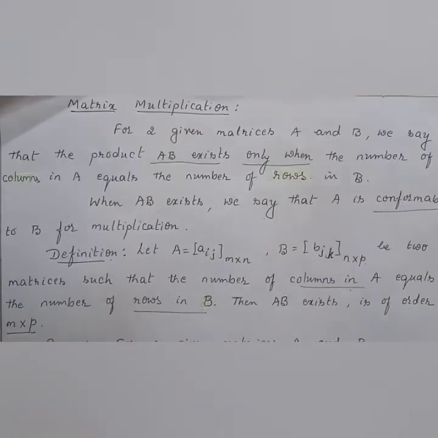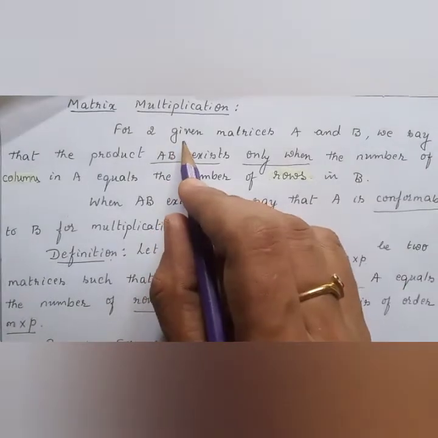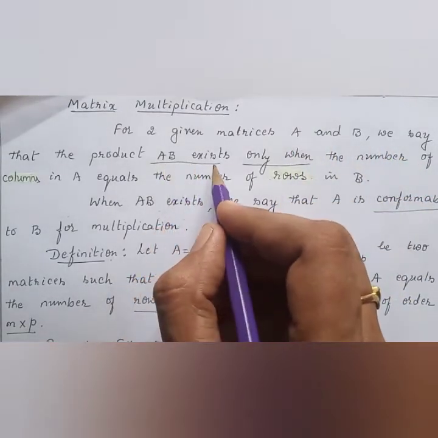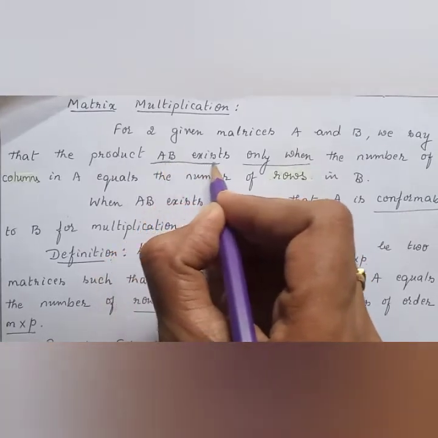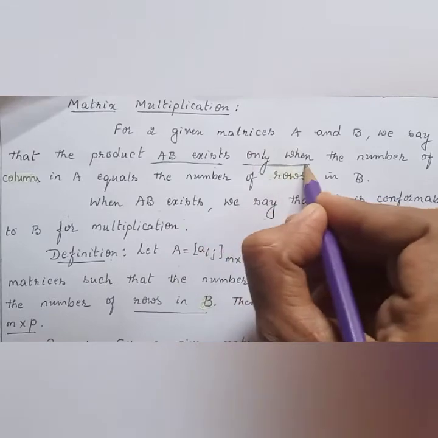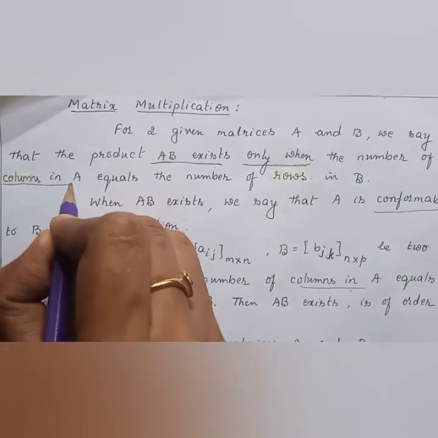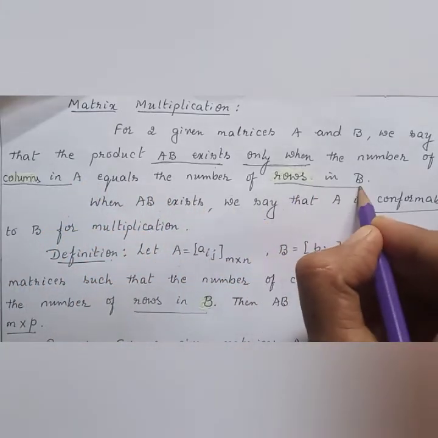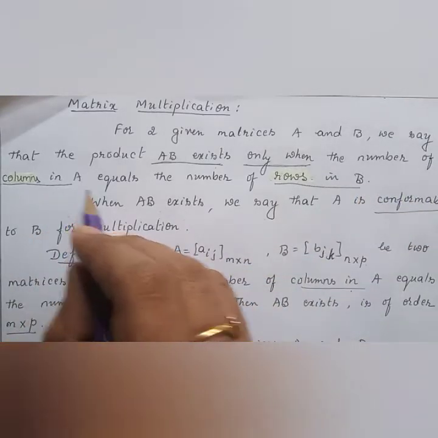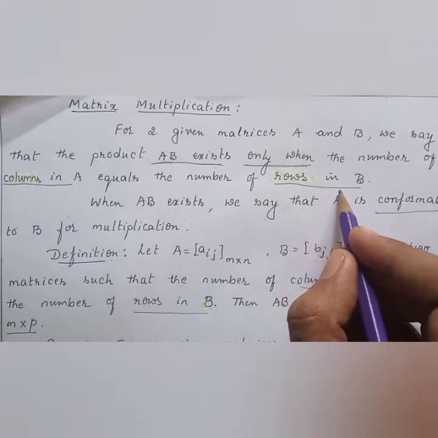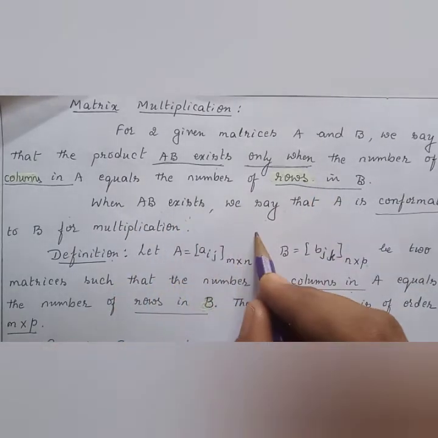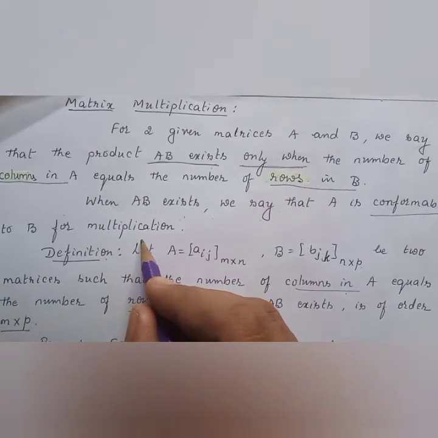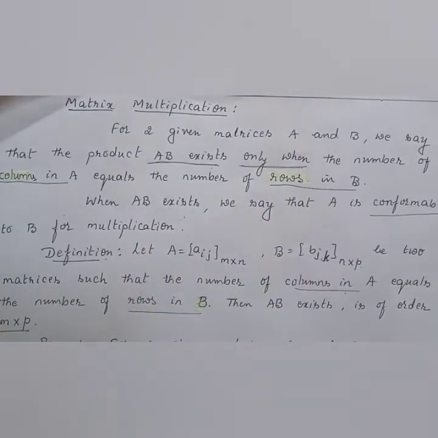The matrix multiplication is defined as: for any two given matrices A and B, we say that the product AB exists only when the number of columns in A equals the number of rows in B. When AB exists, we say that A is conformable to B for multiplication. The condition is like this.